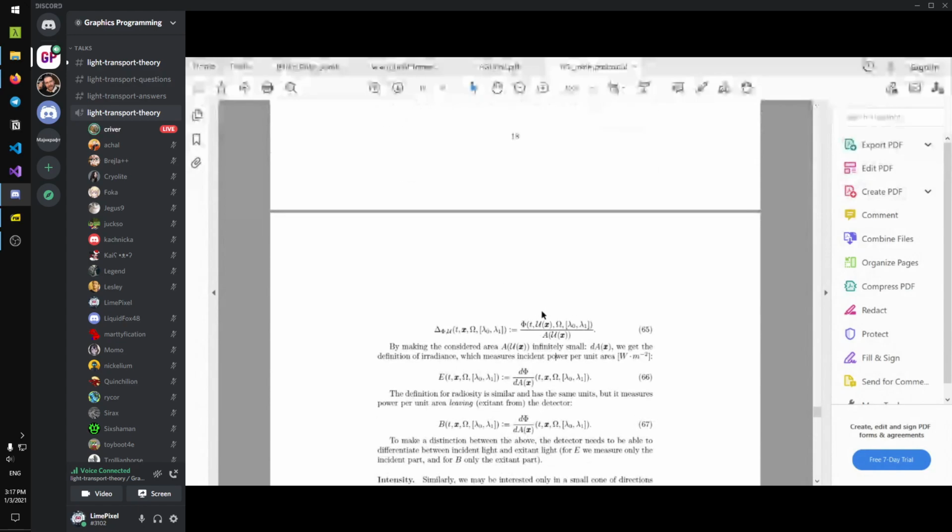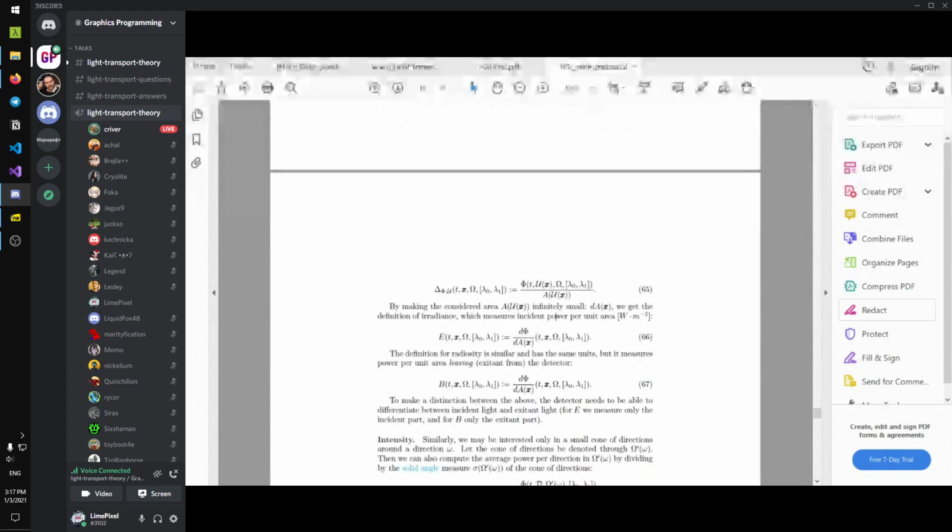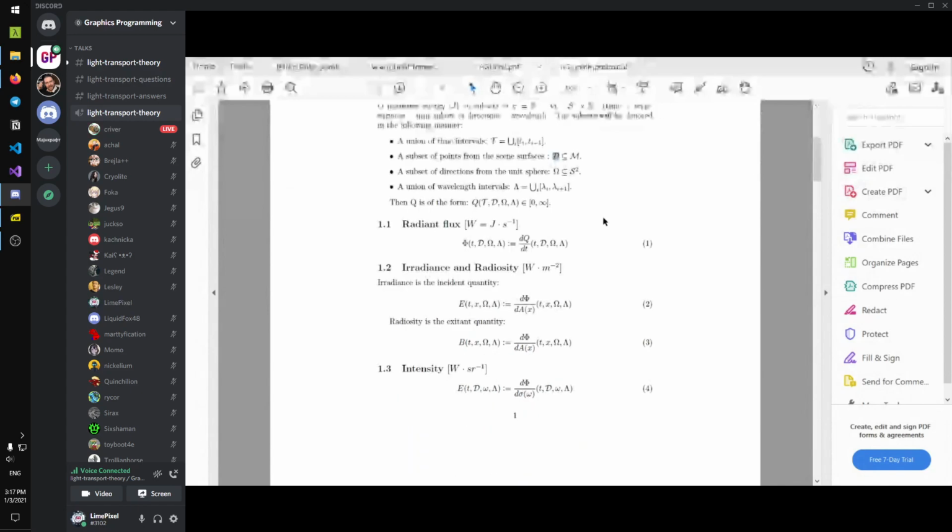Then you had a set of surface points, we turn it into a single point to get the irradiance. And the irradiance is really, you can think of it as how much light arrives at a single point, so incident light, while radiosity is the opposite. It's how much light leaves a certain point. So let's say some light arrived and then it got scattered, or you also have emission, etc. Is that clear?